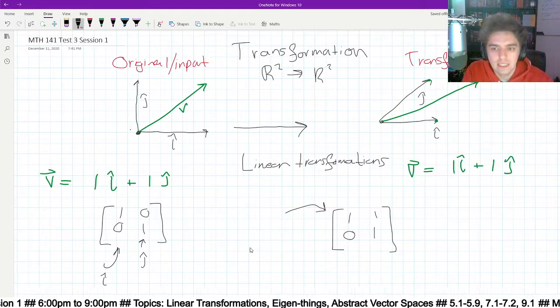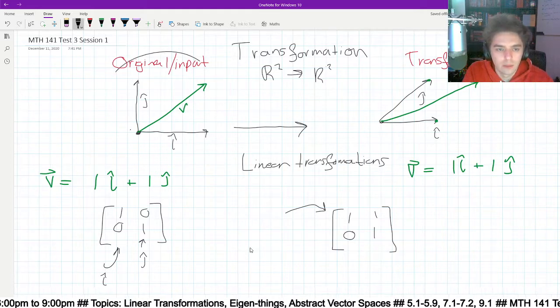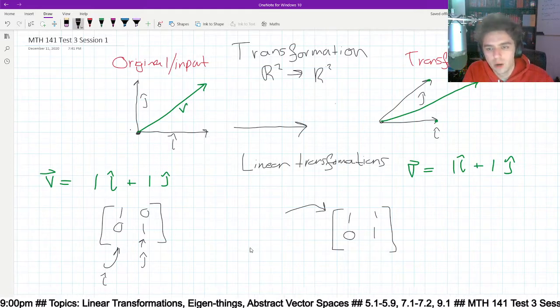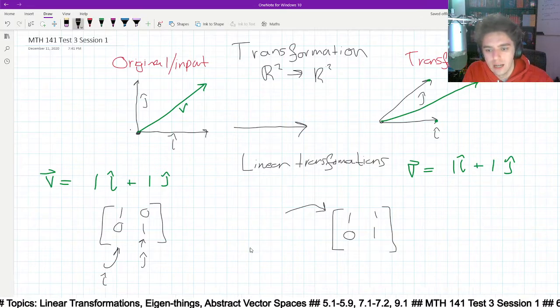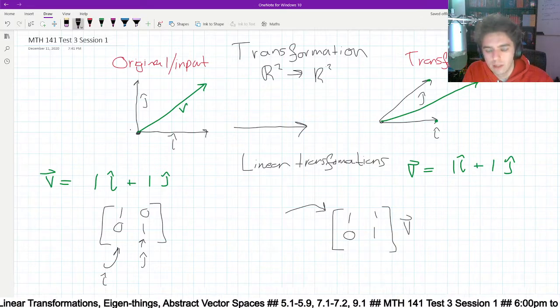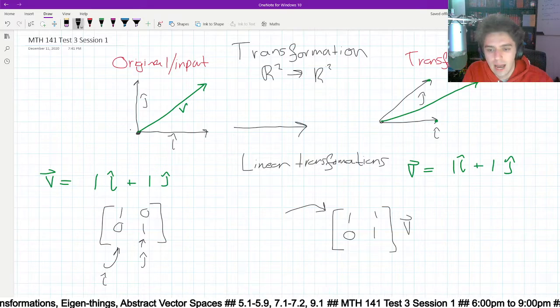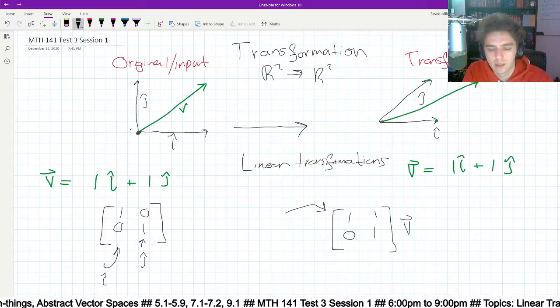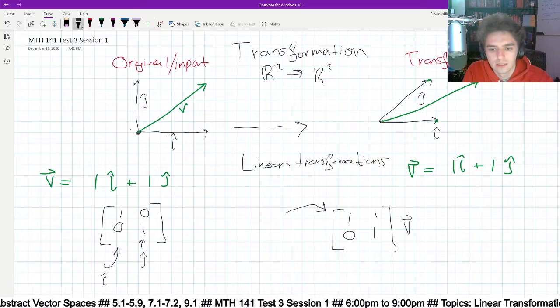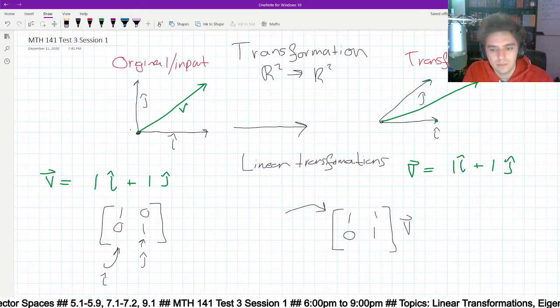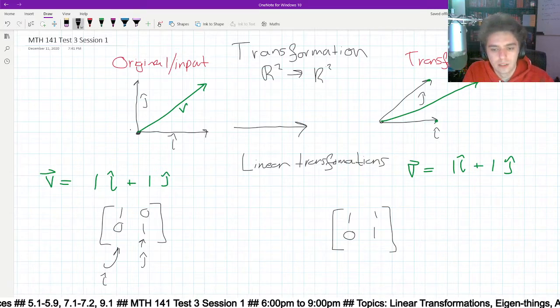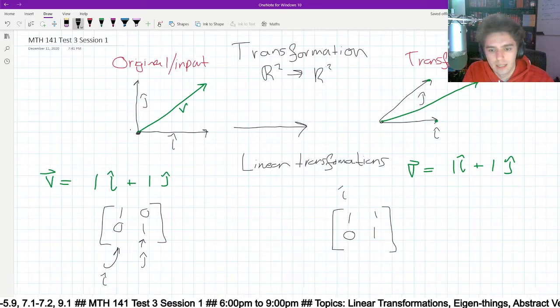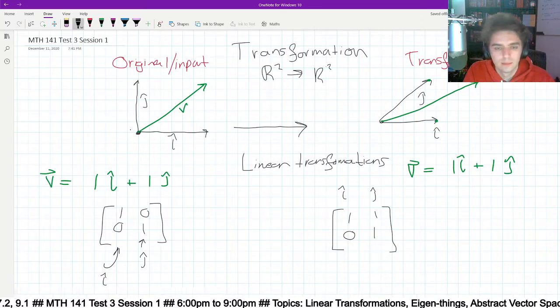If I wanted to take any vector from the original space and figure out where it goes after the transformation, I could just multiply it in the front here. That's how vector matrix multiplication is defined. That's why it's defined the way it is, because it does this. So this is where the i hat lands, and this is where the j hat lands.